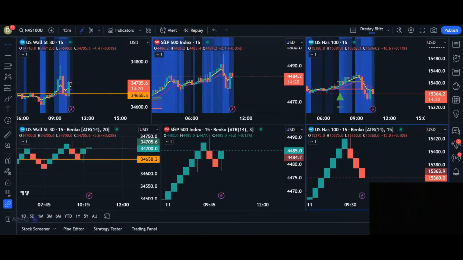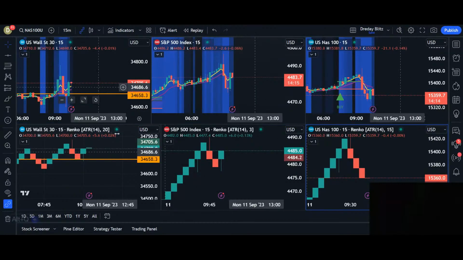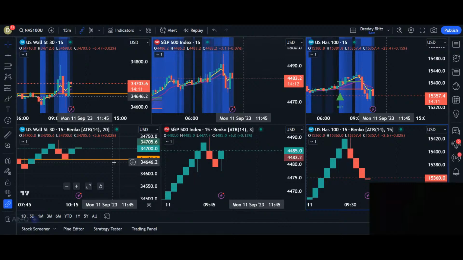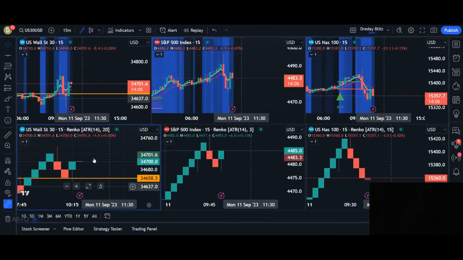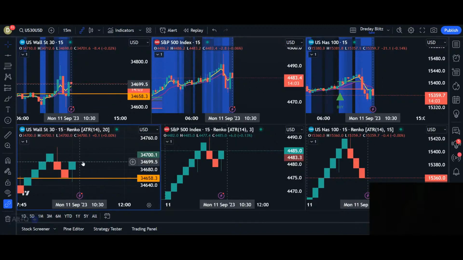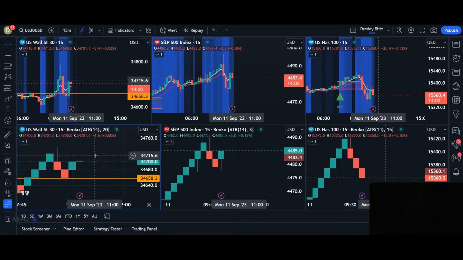And for US 30, the Renko bar is showing us an upside move. Let's see how it goes. We previously had a buy signal on the US 30 at around 10:15.